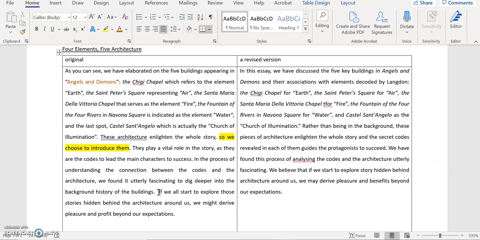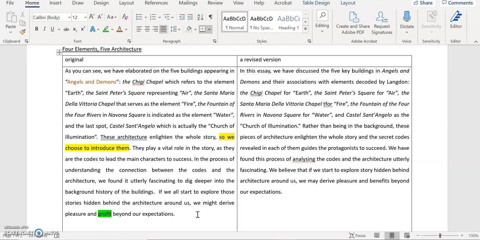This is also fine, but I'm slightly concerned about the word profit here, because profit tends to have a kind of financial connotation. It's something more to do with money, financial gains. So I'm not sure whether this is the kind of benefit you want to talk about.